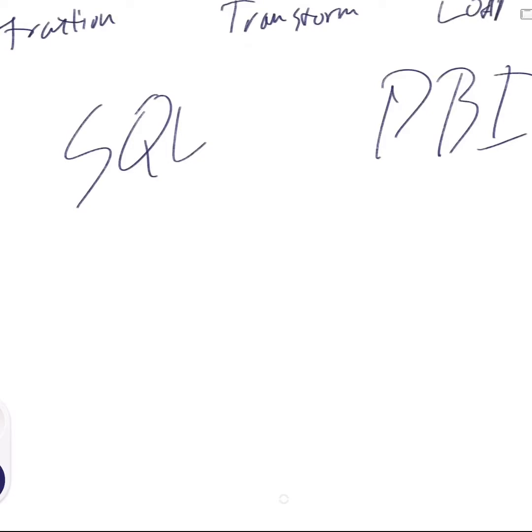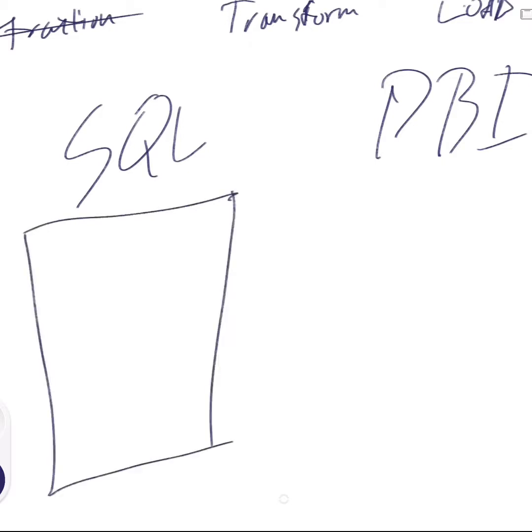Now hopefully I don't have to erase this. So we've already done the extraction. And with the R code, I actually did put in a little bit of code to transform. I think I did the trim automatically. It doesn't matter.